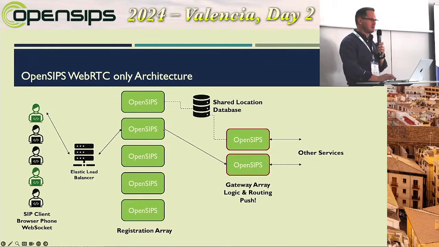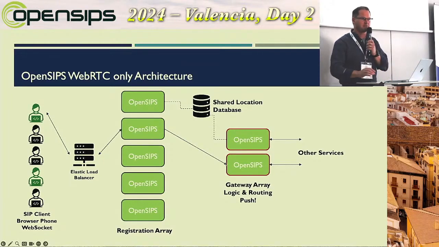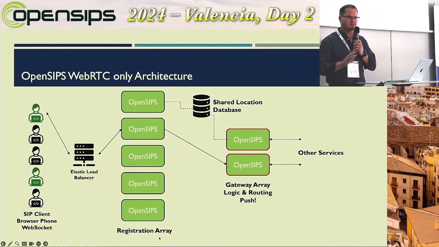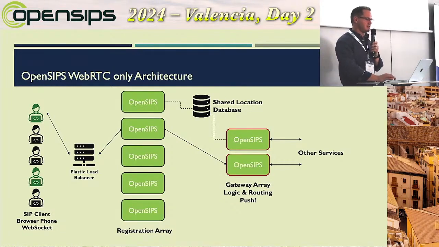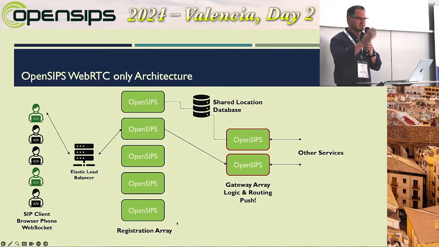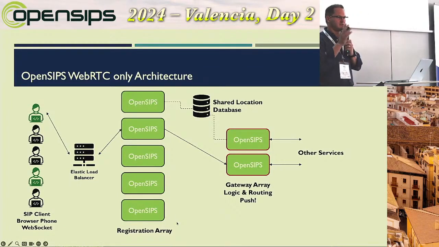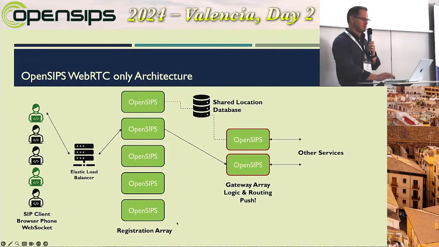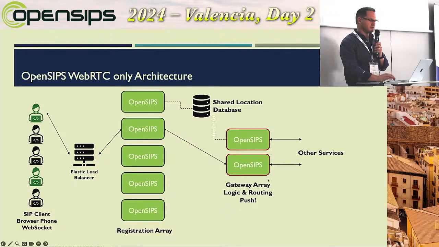I'm using load balancing techniques in order to get, say, an invite from OpenSIPS 2 to my logic array. My logic array stores all the routing and call handling and stuff like that, and my registration array is dead simple. It just contains those contact events, insert and update, which store my push notification. But no further registration action happens after this point. This registration array is the end of my registration, and I use routing logic to get the calls out onto other services or to other users.